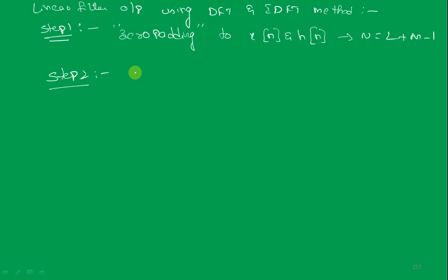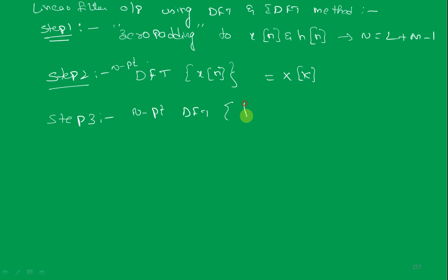Step 2. Here find the N-point DFT of x of n. Let it be X of k. Step 3. Next find the N-point DFT of h of n. Let it be H of k.